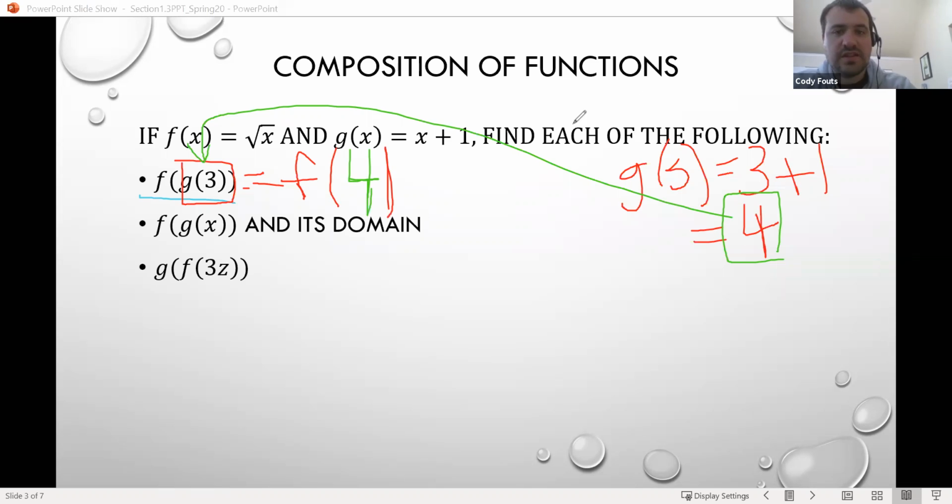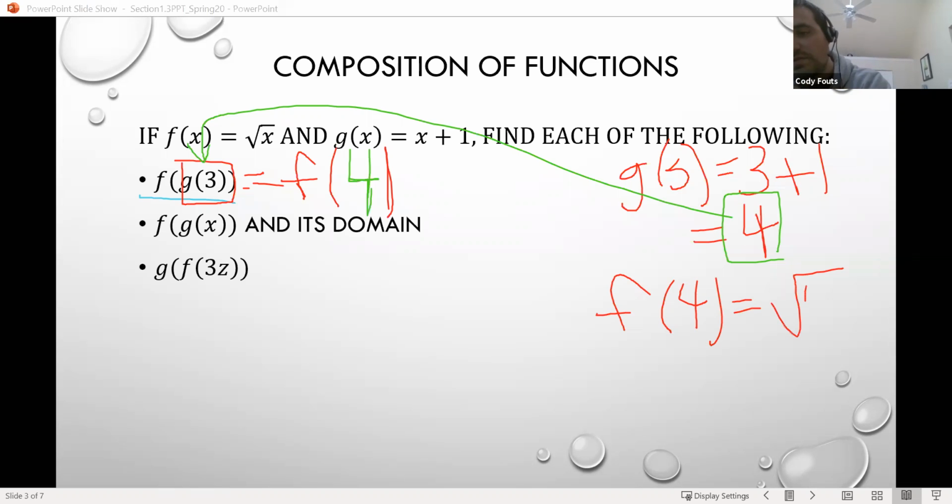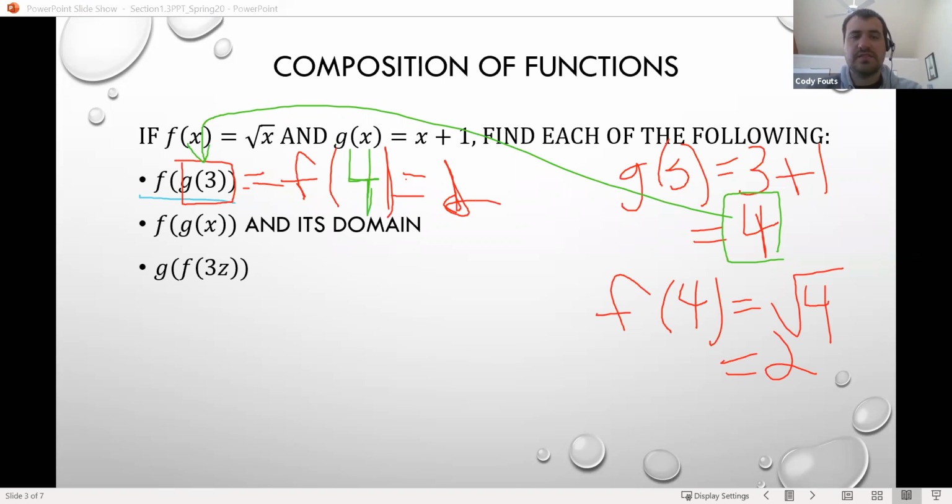Which means we use that as the input value in f, so we'll do a little scratch work over here. f of 4 equals square root of 4, which we know is 2. So that's the first one. The f of g of 3 is equal to 2.